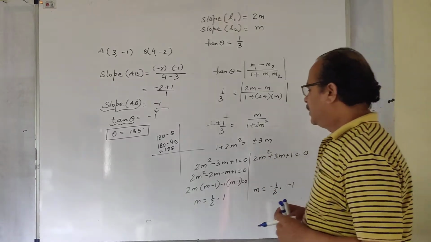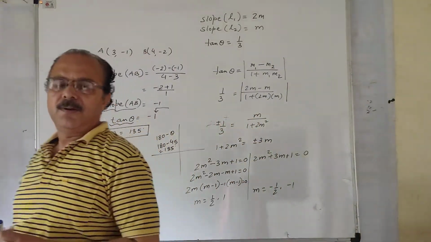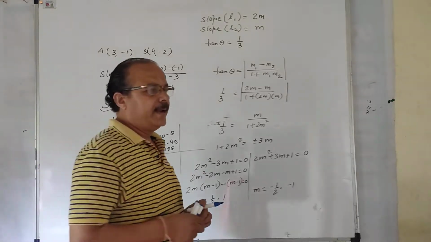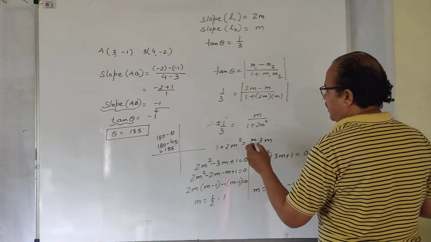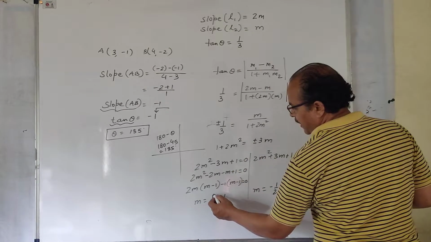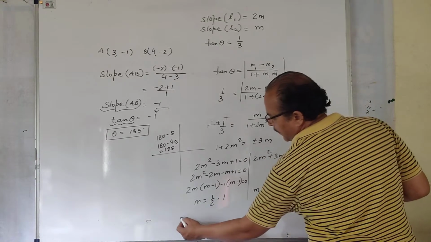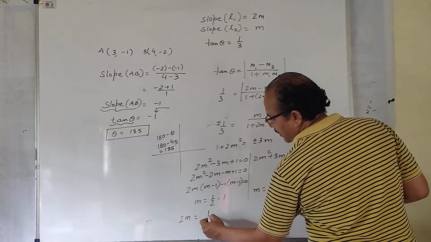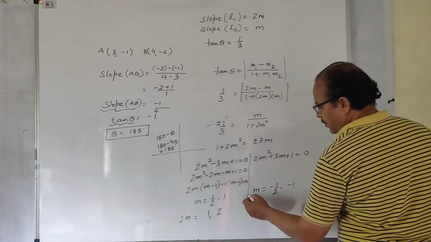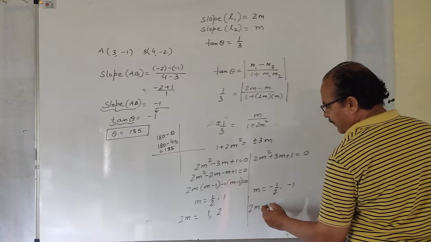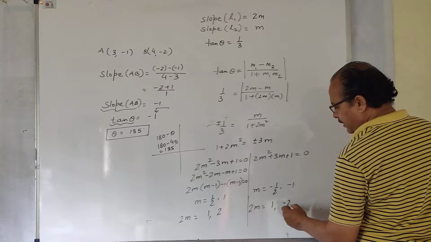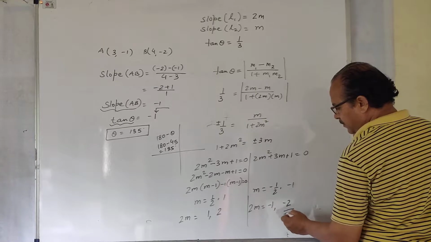Therefore, the slopes are 1 upon 2, 1, minus 1 upon 2 and minus 1. If m is 1 upon 2 and 1, then 2m will be 1 and 2. When m is negative, then 2m will be minus 1 and minus 2.